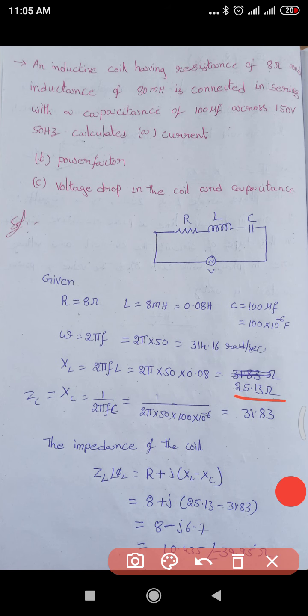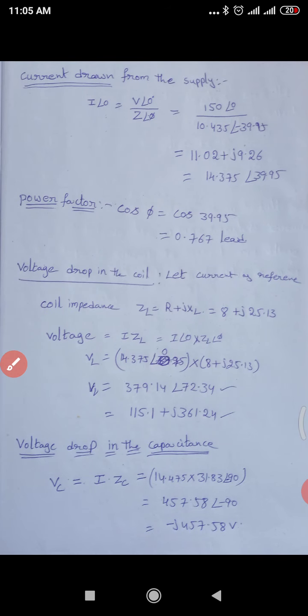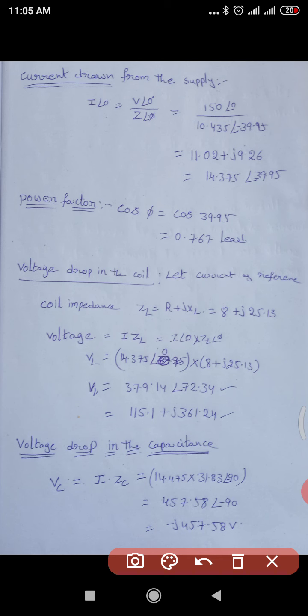25.13, this value. So now the coil impedance is R plus jXL. So Z is equal to 8 plus j25.13. Then voltage V is equal to I into ZL. Here we are not considering the angle of the current, so we are considering I as the reference.